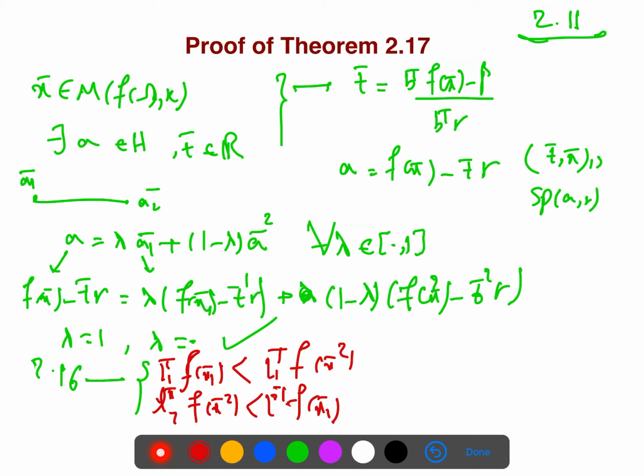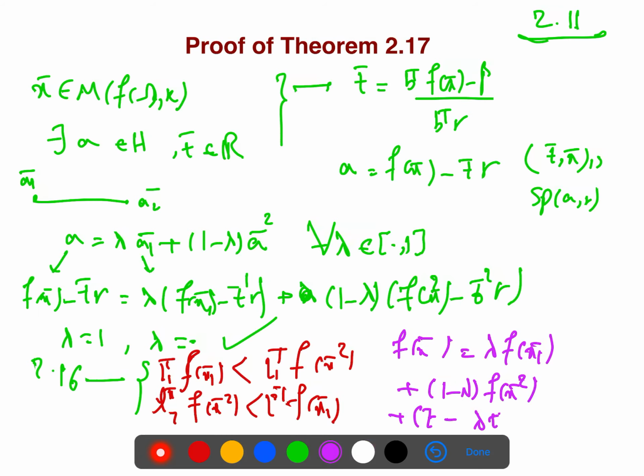And reformulating it, we can say that f of x bar is equal to lambda f of x1 bar plus 1 minus lambda f of x2 bar, plus t bar minus lambda t bar 1 minus 1 minus lambda t bar 2, times r.